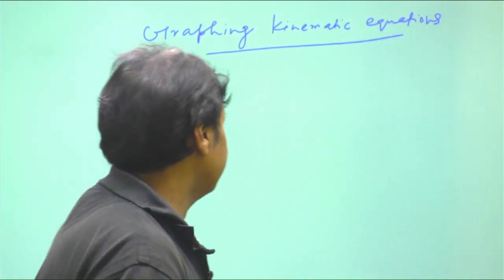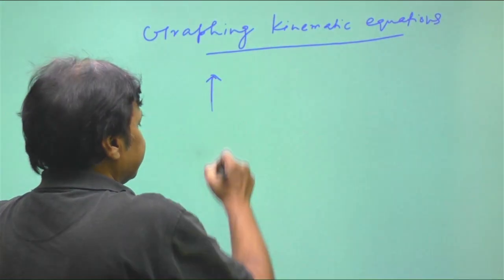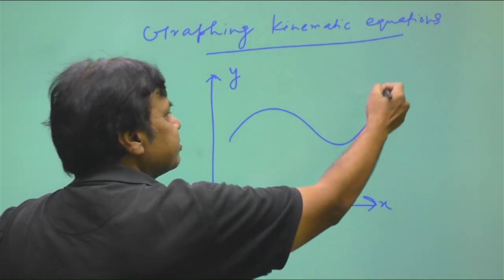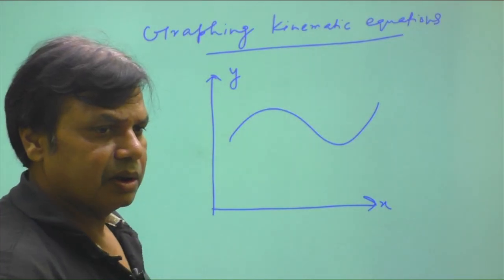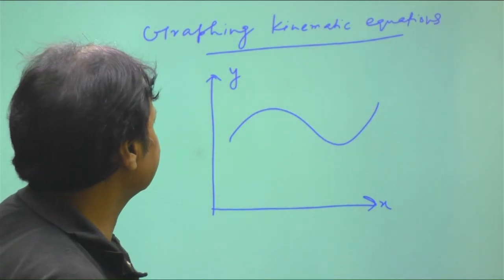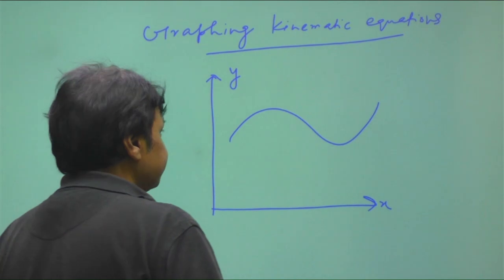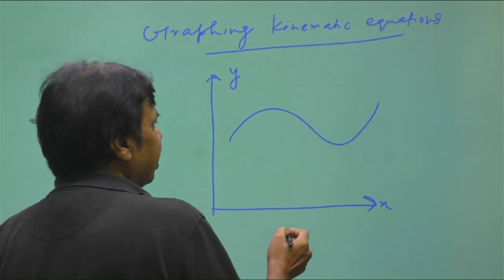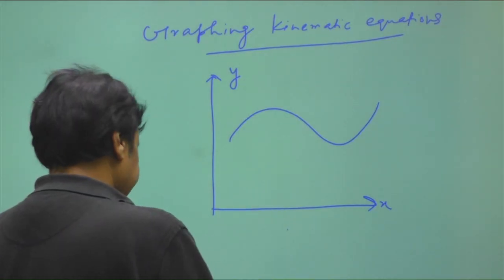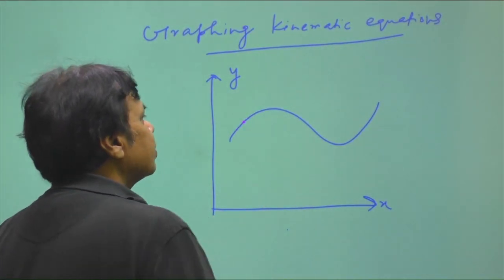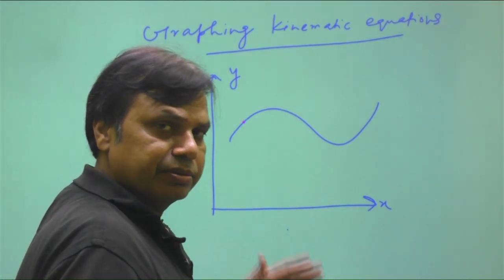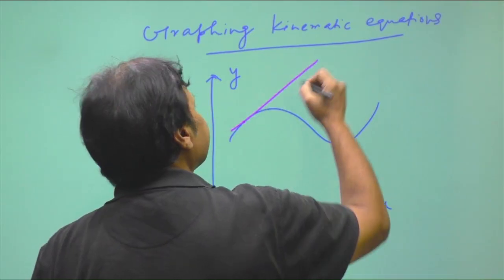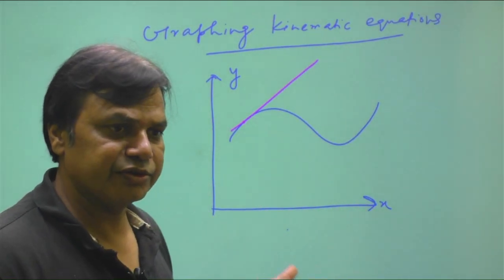You all know, if you have a y versus x graph like this, then draw a tangent to the curve at any point of it. A tangent is just a line joining two adjacent points on the curve.